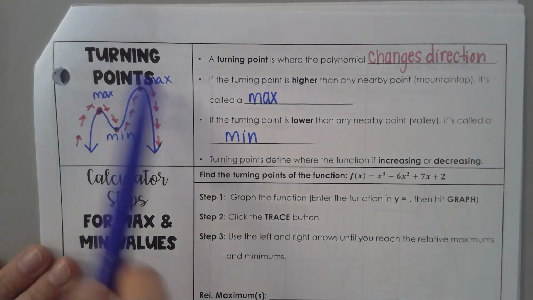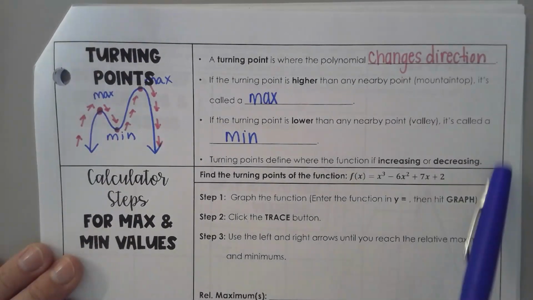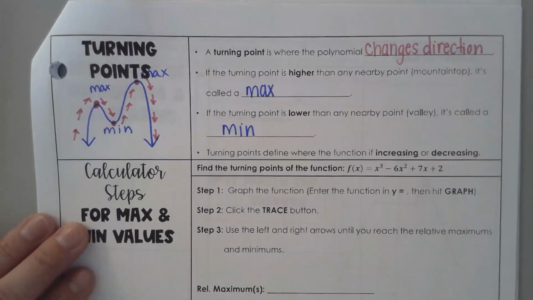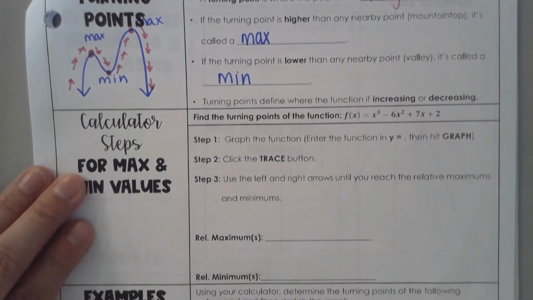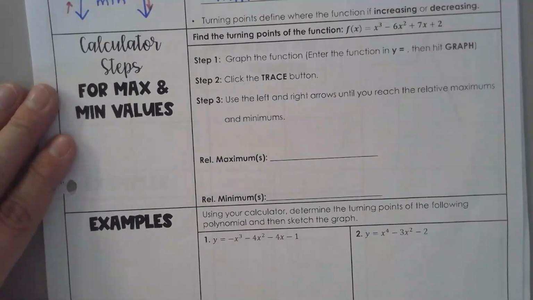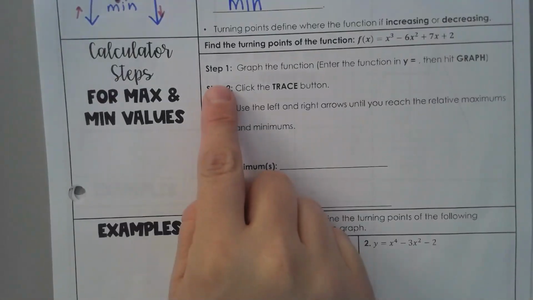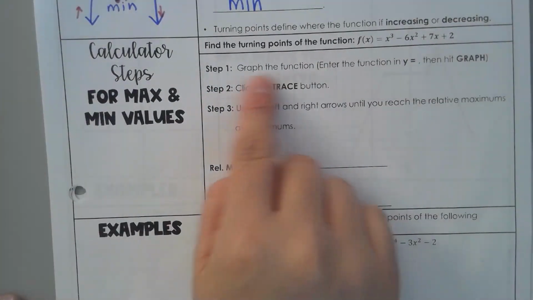And these points are going to be essential for the next little thing that we do, called increasing and decreasing. So here is how you find those maximums and minimums on the calculator. Step 1. We're going to graph the function.